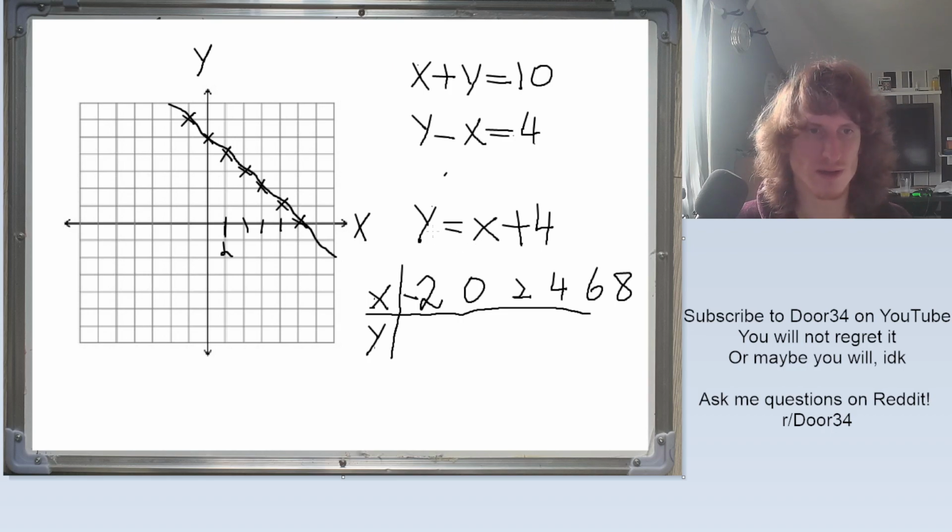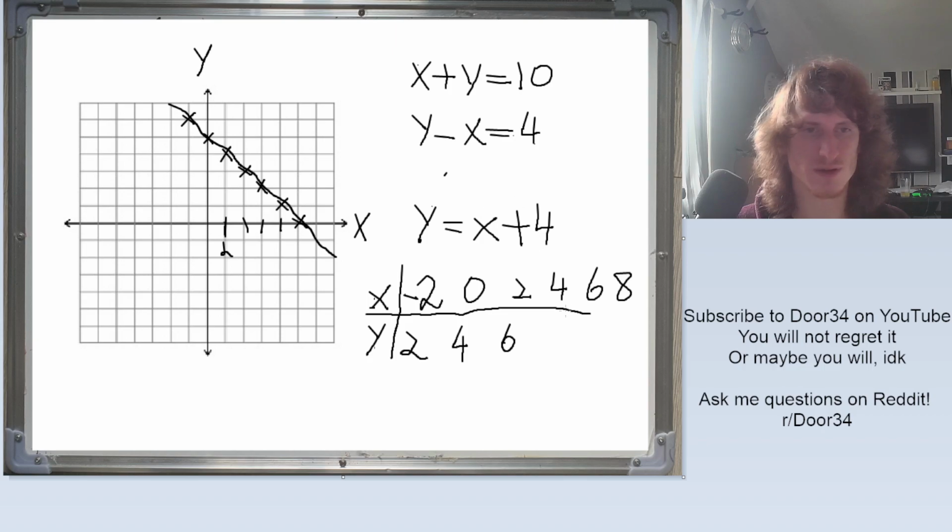Then what we're going to get here is if we have y is equal to -2, add 4, that's just going to give us +2. If x is equal to 0, we add 4 to it, we're just going to get 4. And if we put x equals 2 in here next, so y is going to be 6.